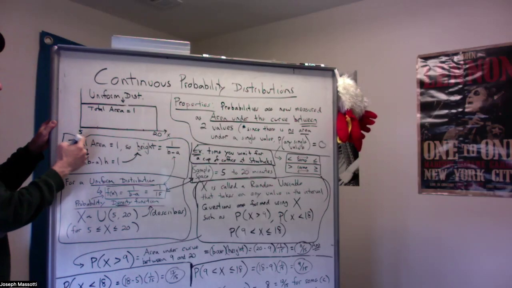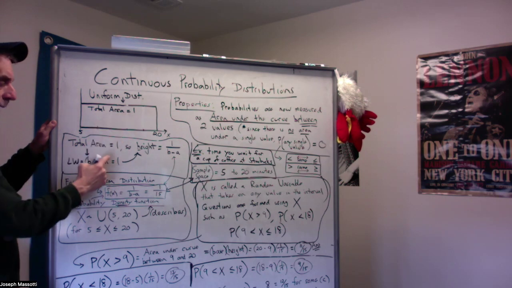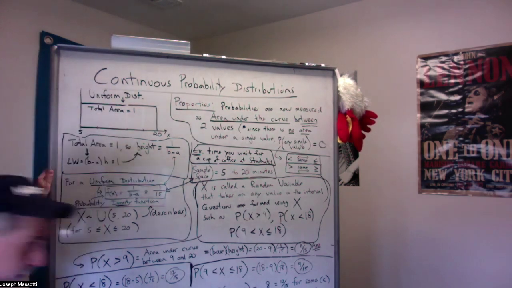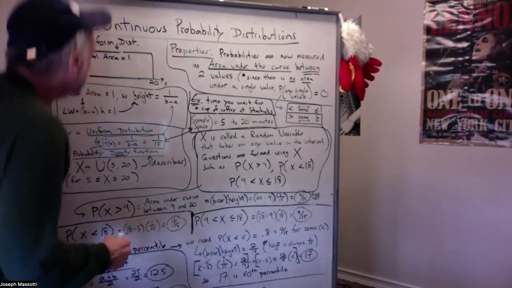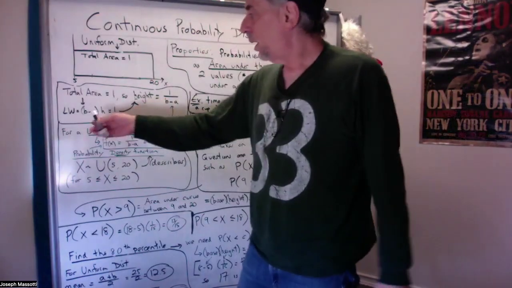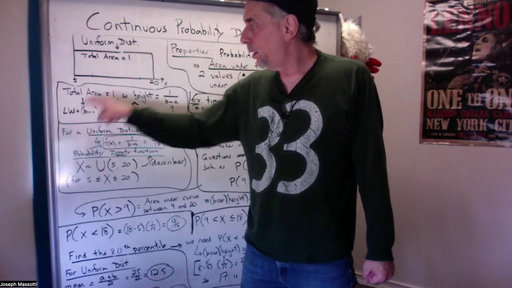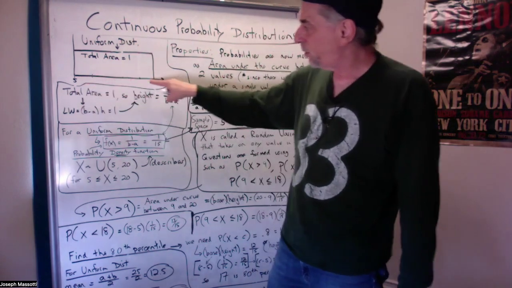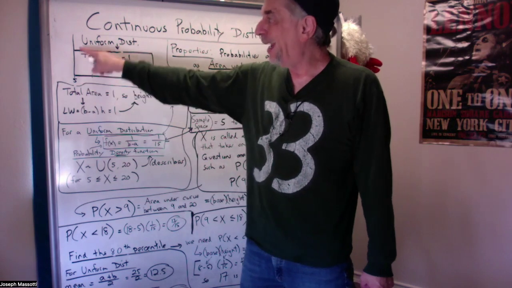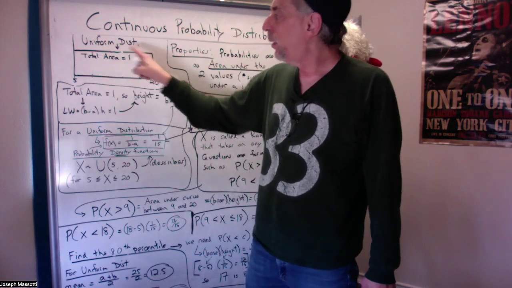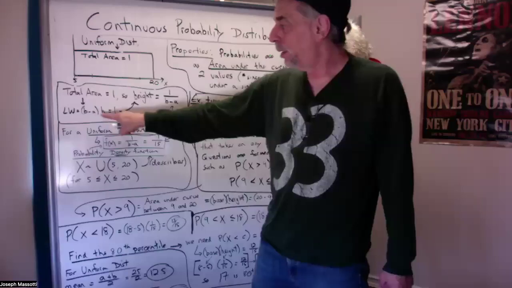So we have to come up with the height. Well, we know the total area has to equal 1, so this is going to allow us to determine the height. The area is length times width. The width here is the difference between the two endpoints, 20 and 5, and the height is what we're looking for, and we know that area equals 1.